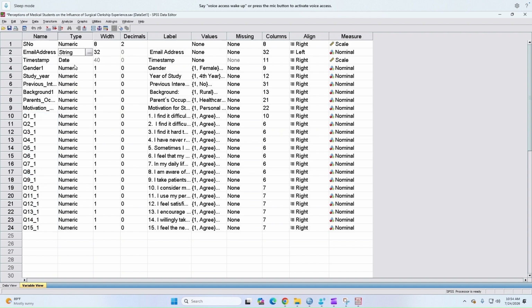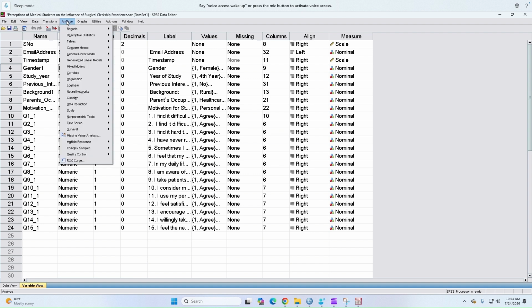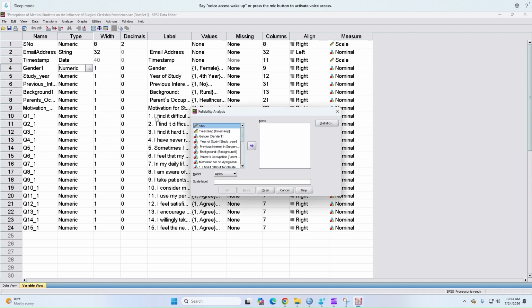To calculate the Guttman reliability coefficient, go to Analyze, Scale and Reliability Analysis, and move all 15 items in Items and select Guttman model and press OK button.